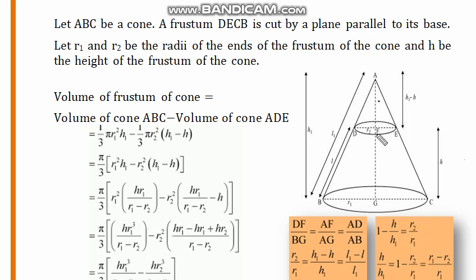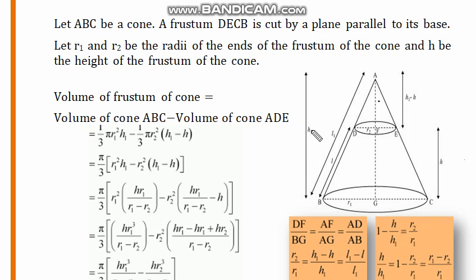Because here we are given the height H only. If we find H1 and substitute here, we will get the height of the frustum. So how do we find the total height of the cone H1?